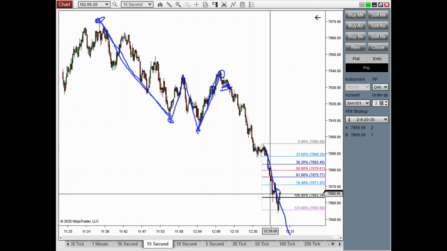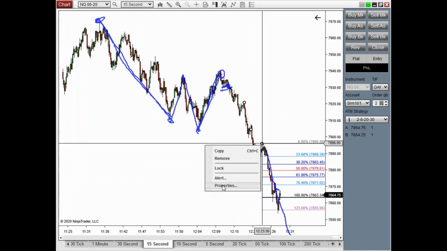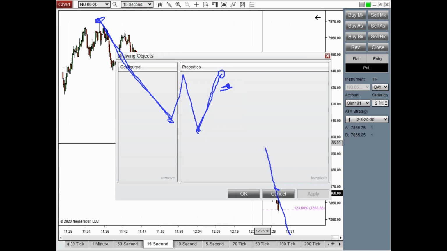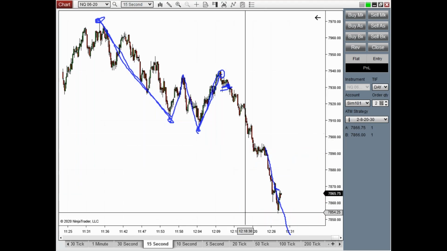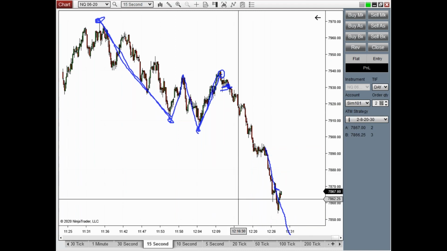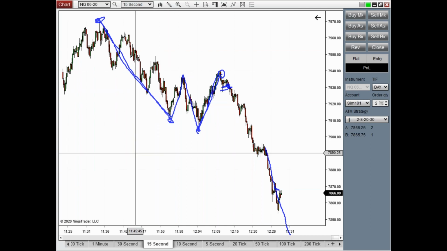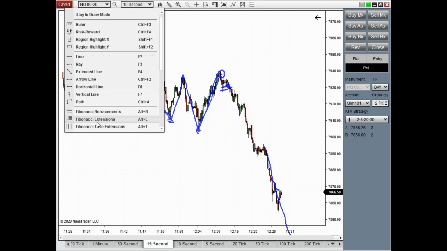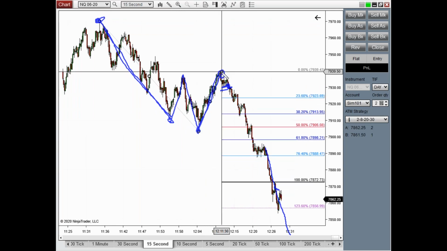This could have taken you out of the trade here right now, or you'd be watching it right there as it's testing that upper channel. Whoops, sorry guys, trying to erase this. So what we would be looking at here is Fibonacci extensions. High, low, high.